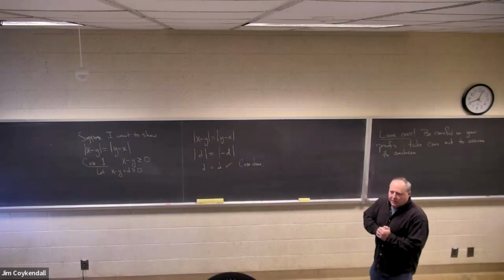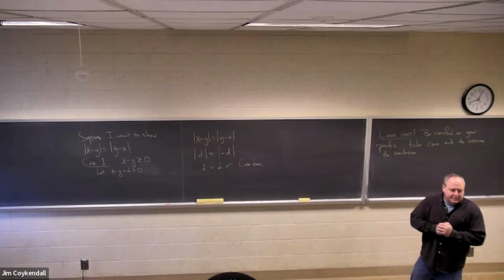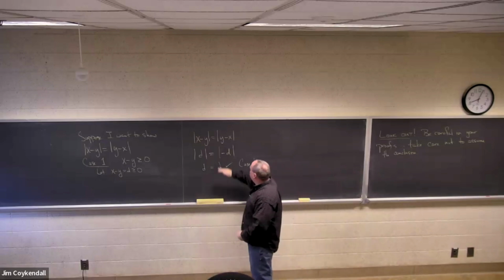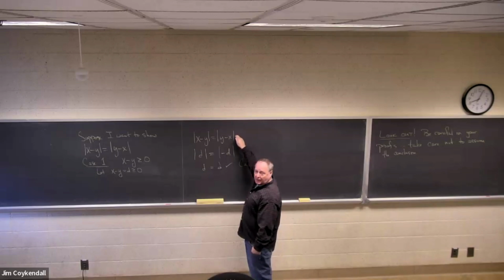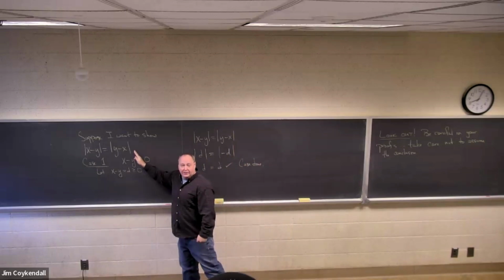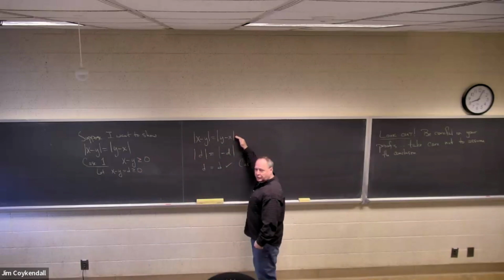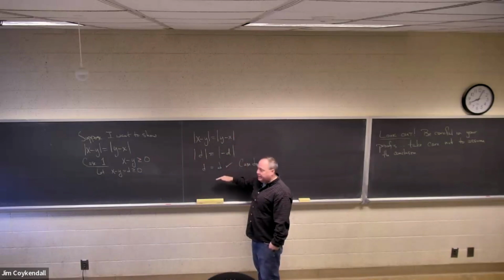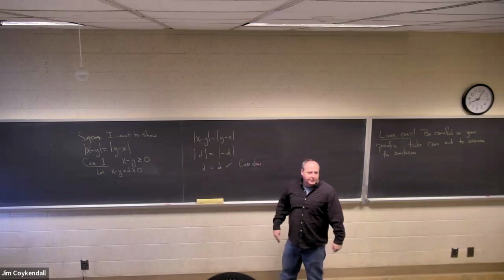What is wrong with this? Logically speaking, the problem is I started with what I wanted to show. This is what I want my conclusion to be, right? I want to show this. I started with my conclusion and I went through a sequence of steps which were correct and came up with a true conclusion.